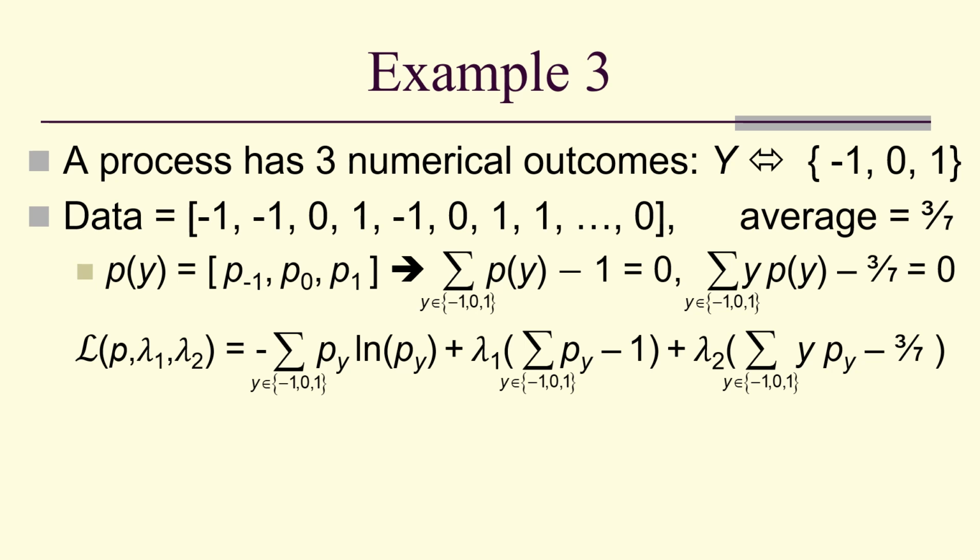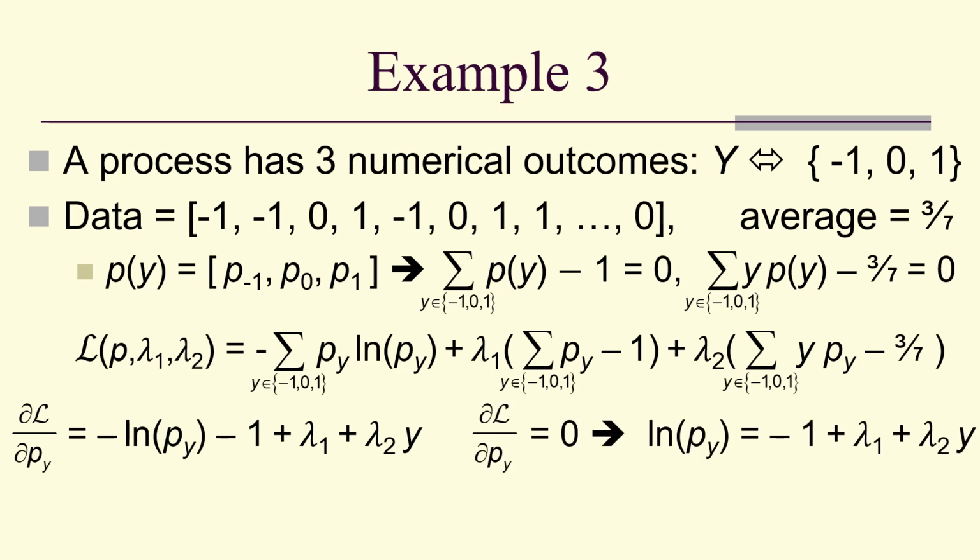There's our Lagrangian, and we take the derivative with respect to p sub y, and there's our familiar friend, the negative natural log of p sub y minus 1 plus lambda 1 plus lambda 2y. The derivative is 0, and the natural log of p sub y is -1 plus lambda 1 plus lambda 2y.